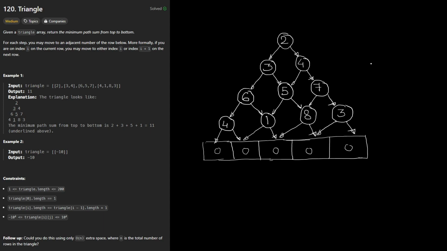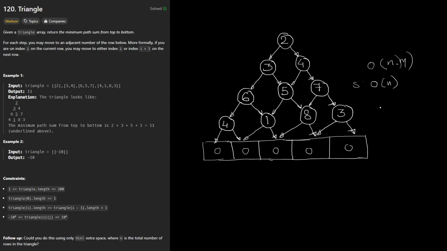I have to solve this in big O of n space, where n is the number of rows, while the total number of elements is n cross m. So how do we solve it? That is the question.